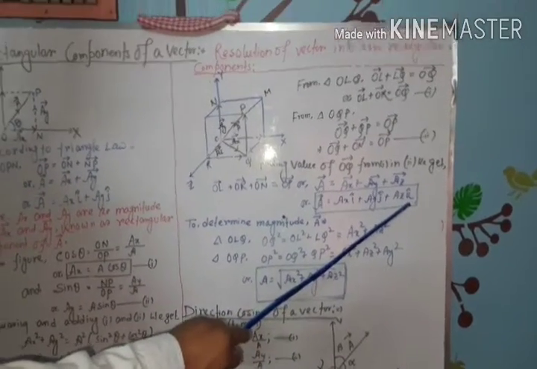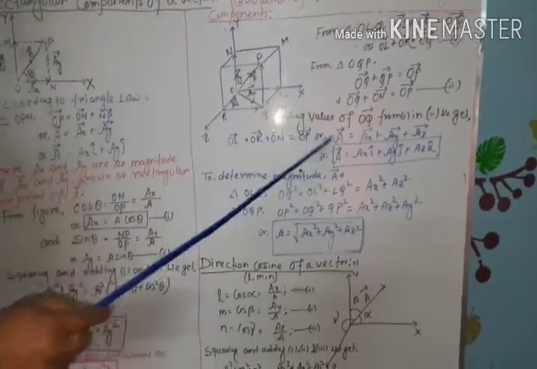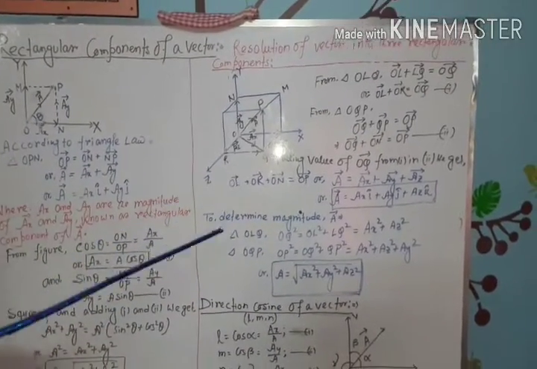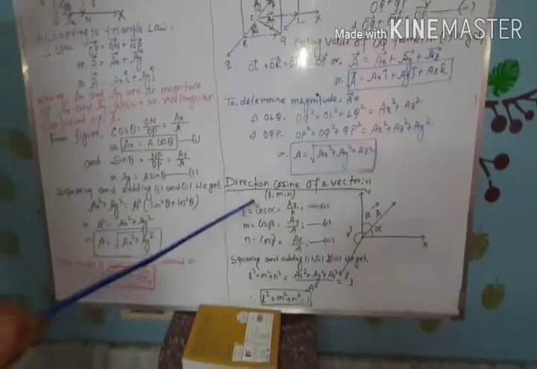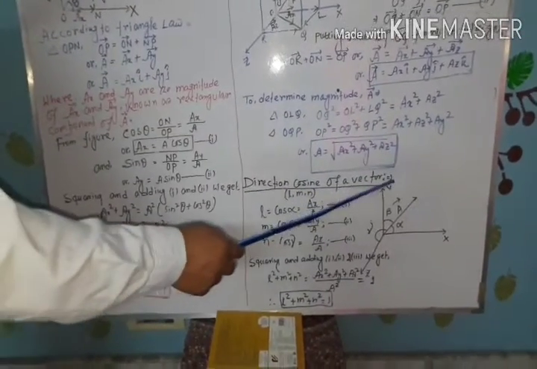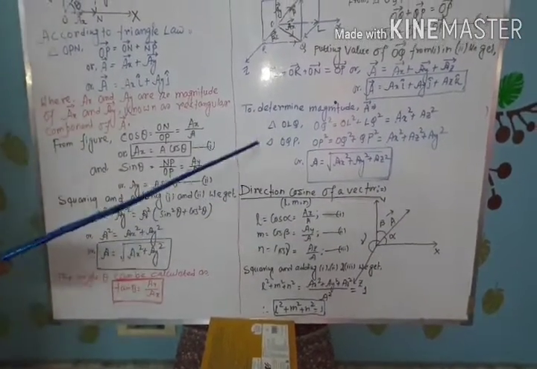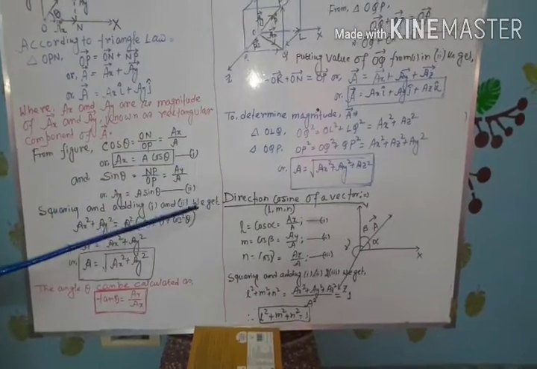Clear? Okay. Now we move into the concept of direction cosine of a vector. What do you mean by direction cosine of a vector?